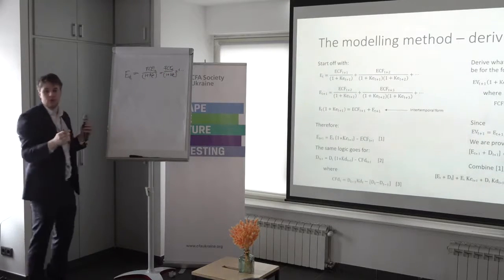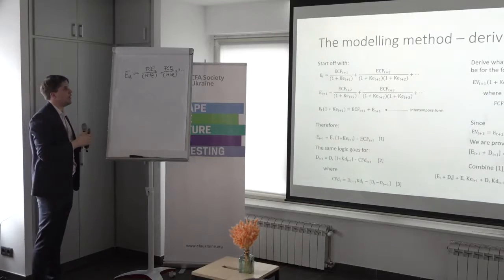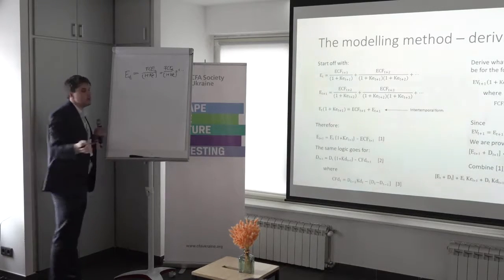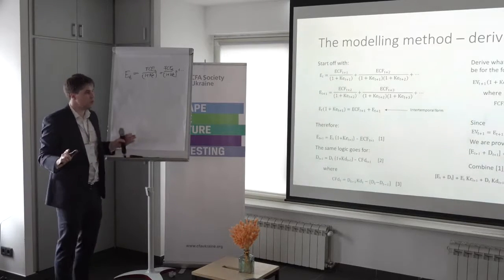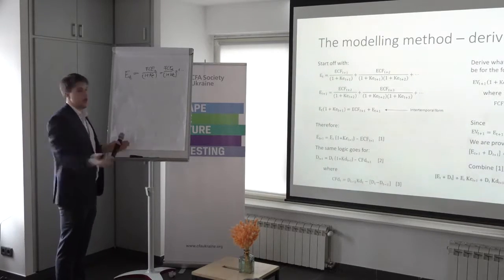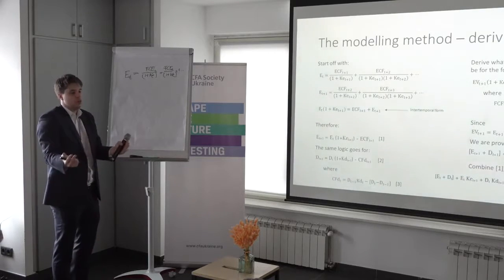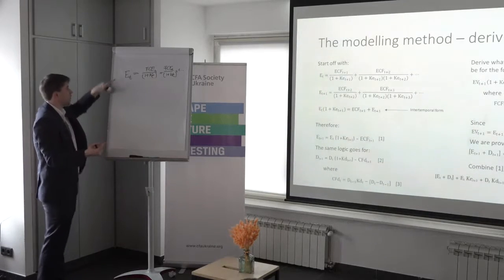This formula should be familiar to everyone, right? So you're just discounting your cash flow. Anytime you're deriving the value of any asset in the world, it's the discounted cash flows, right? It's how much cash it's going to provide you, discounted by the discount rate, right? So this is your equity.